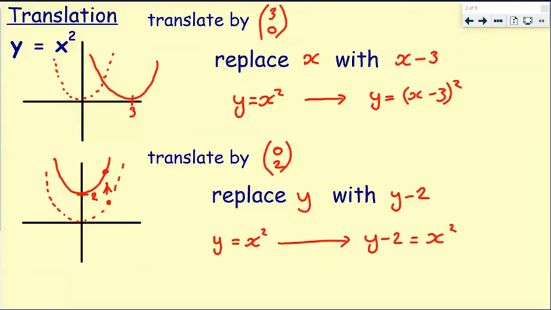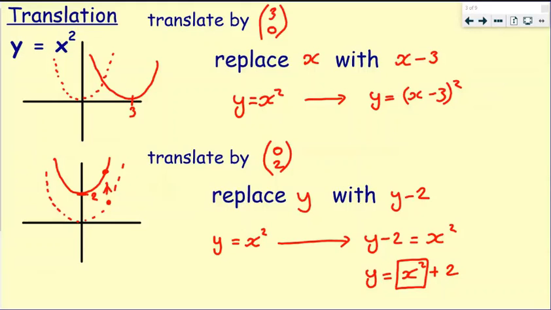Now you may have written that at GCSE like this, y equals x squared plus 2, and that is very intuitive. All we've done is take our normal y values and add 2 to the y value. That's very simple to understand, so don't forget that way of thinking about it.